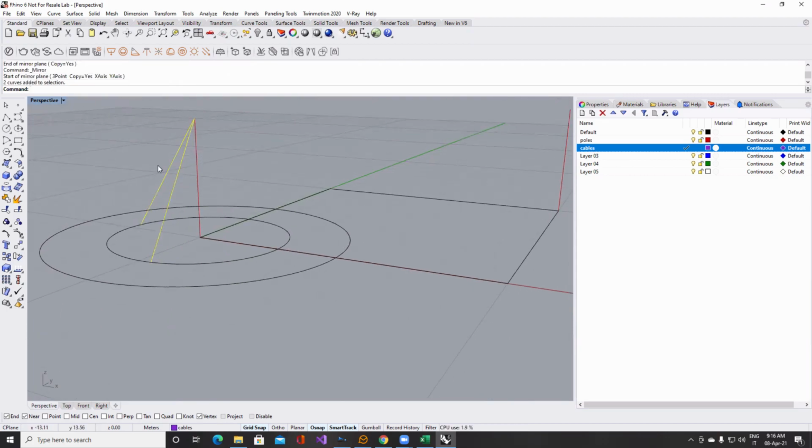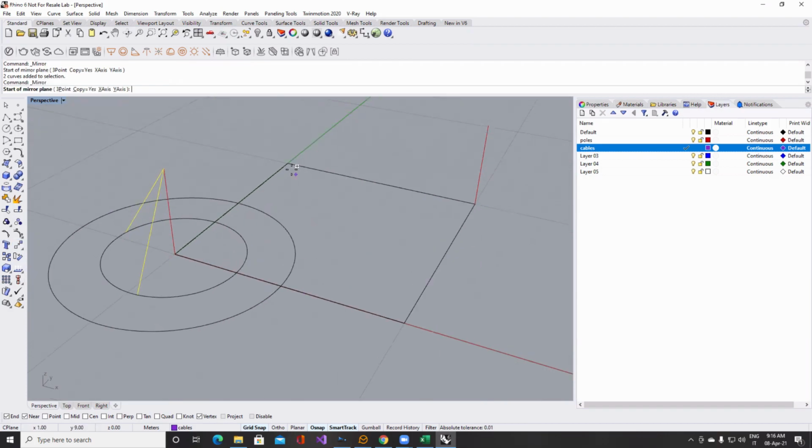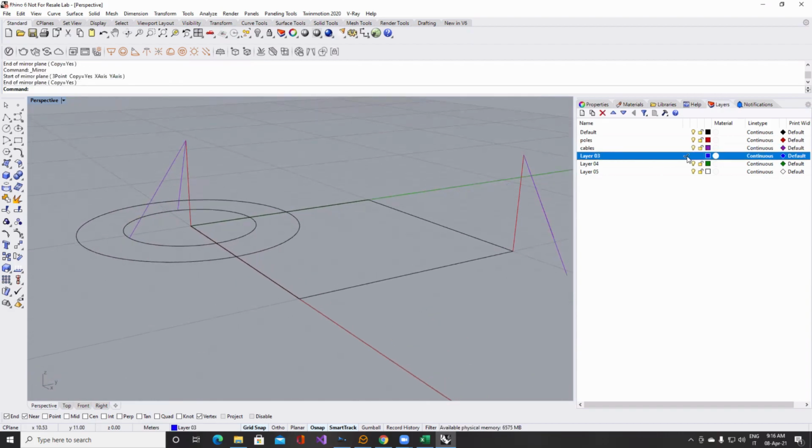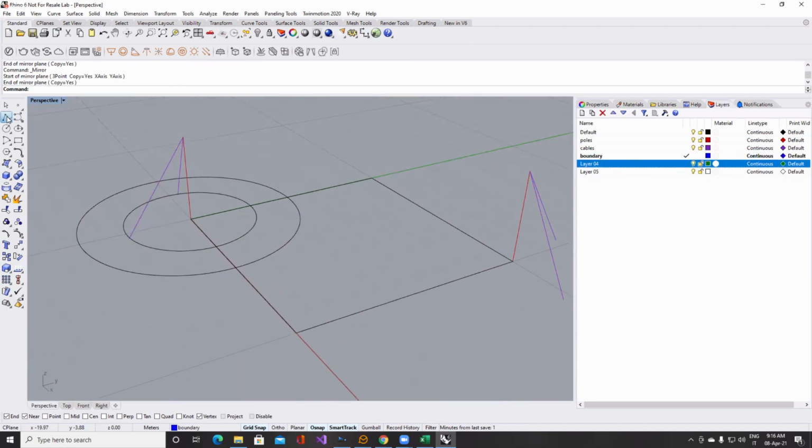I get these 2 and I mirror them. Okay, and we have the cables, and then here I put my boundary, and I draw the boundary edges here.